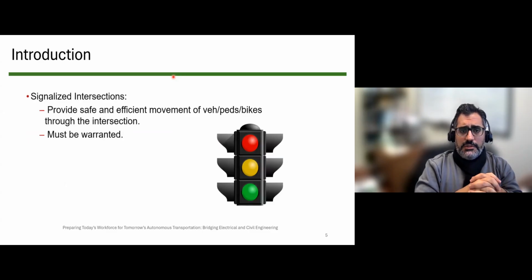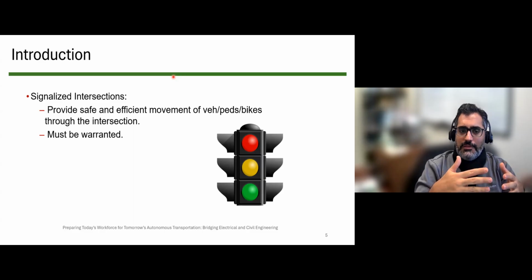Traffic signals, again, if we go back to the main themes in traffic engineering, which are safety and efficiency, work on both of them. They are going to provide efficient movement. Imagine you have two arterials that carry high volumes. It would be impossible to control the intersection of those two arterials without any traffic signals.